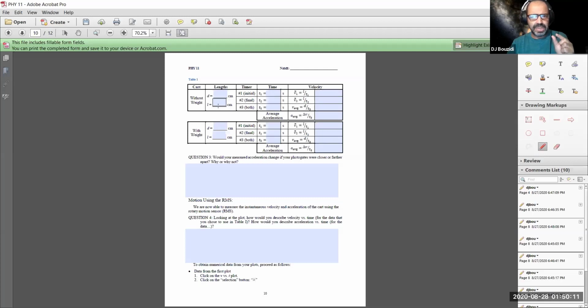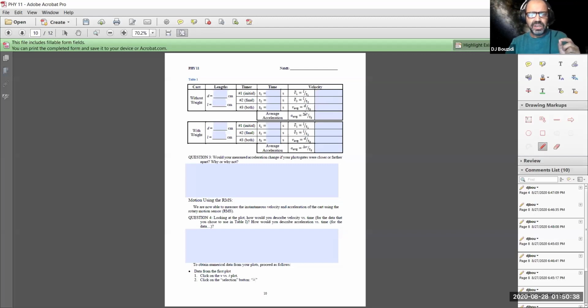So all I have to do is take this one, make sure it's in meters though, okay? Because it's going to be in centimeters. So make sure you convert that to meters. Or if it's in meters, you're in good shape. Put it in meters and the time is going to be in seconds. So the unit for velocity is meters per second, and here you plug in the value. You do the same thing now for T2. It's going to be less time, so this number will be higher. So it's going to be moving faster.